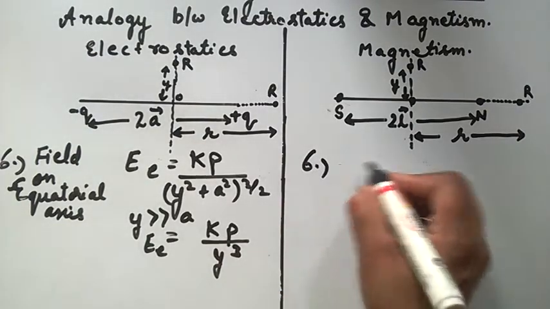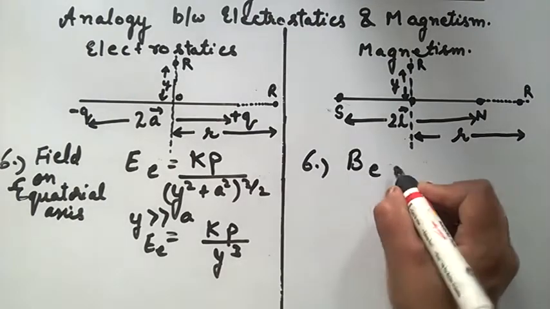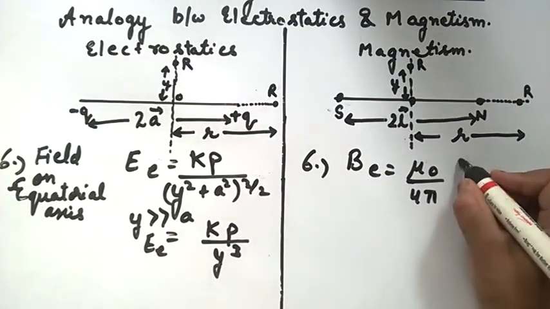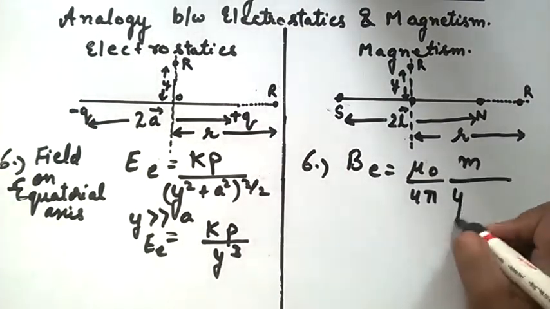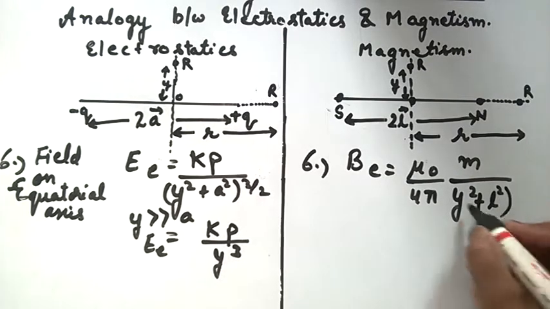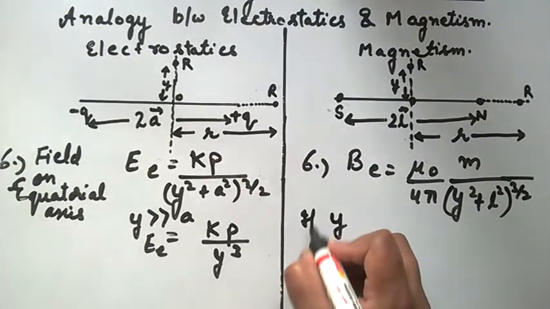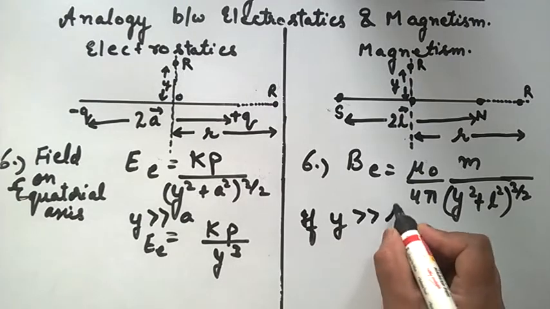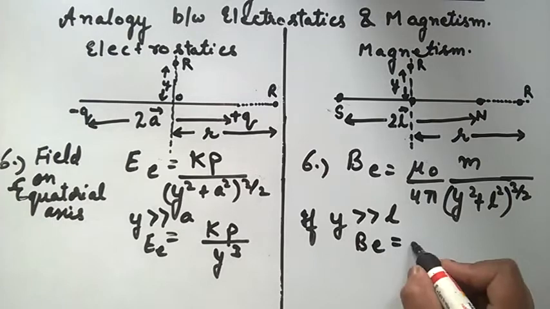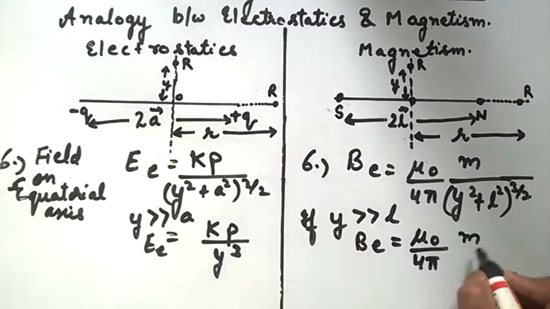Magnetic field on equatorial axis is given as mu naught by 4 pi into m by y square plus l square whole power 3 by 2. If y is greater than L, then magnetic field on equatorial axis is equal to mu naught by 4 pi into m by y cube.